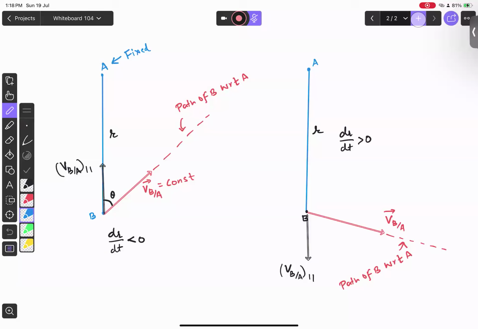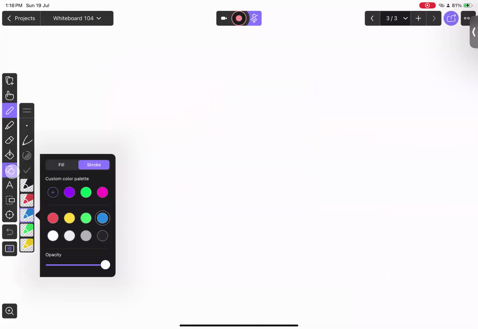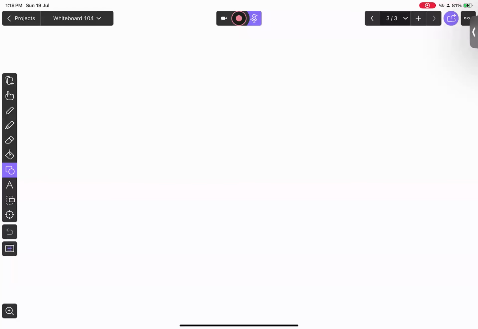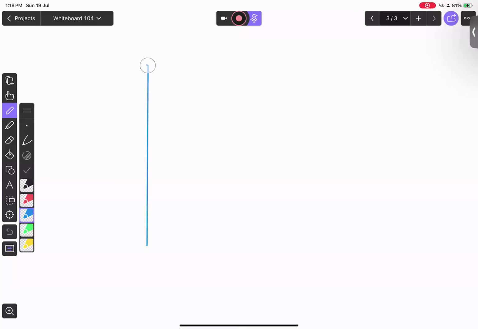Okay. Now the job is to solve this question. For that, I needed some bigger figure to be drawn. So we are sitting in the frame of P and observing Q. And we find Q moving in this direction with constant velocity, which is Vr.